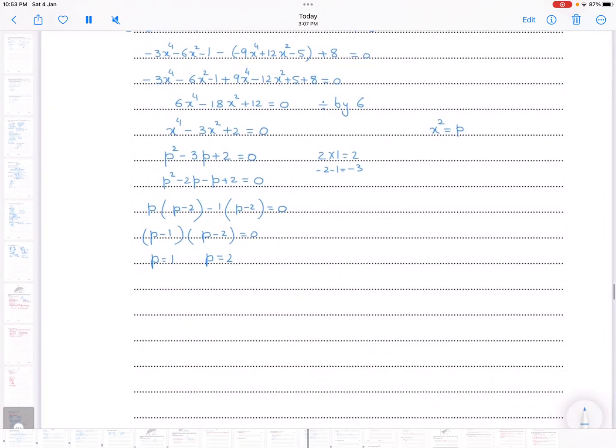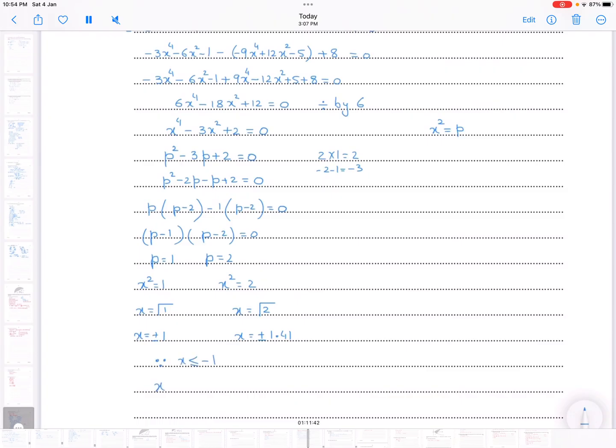p equals 1 and p equals 2. Now replace p by x squared. It means x squared equals 1 and x squared equals 2. So you got two values, plus minus 1, and here you got two values, plus minus 1.41.